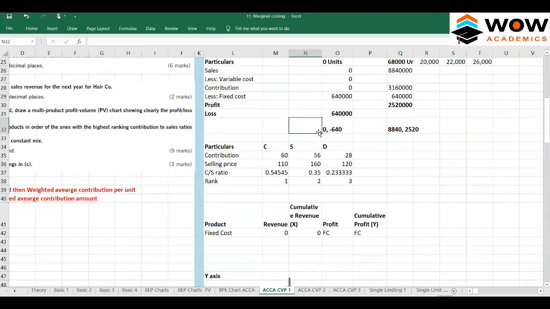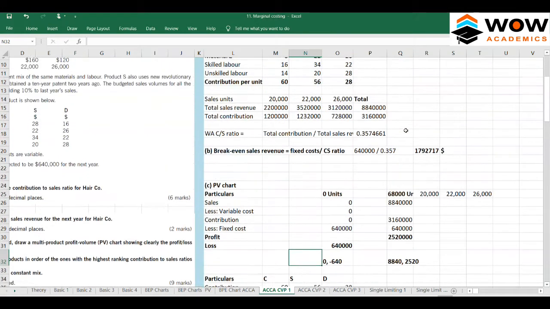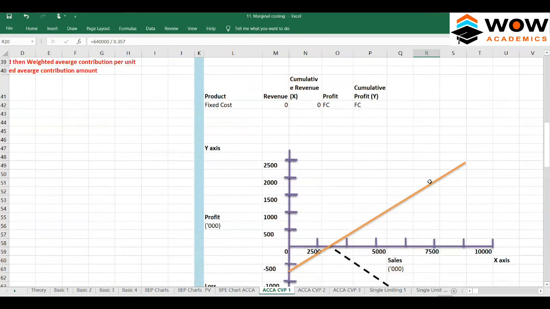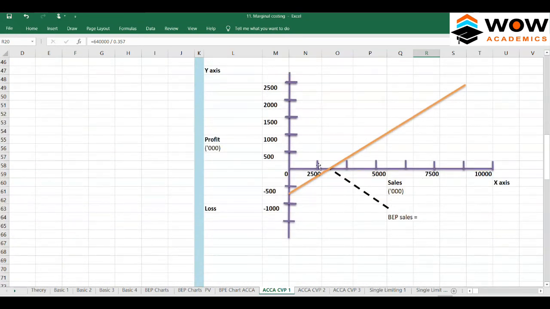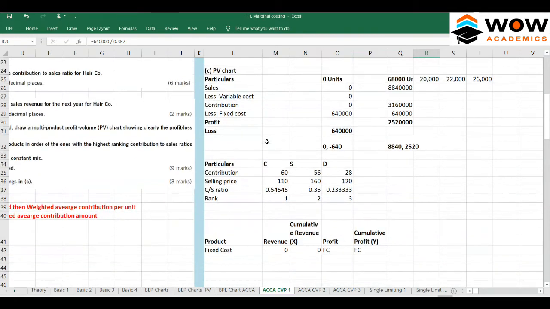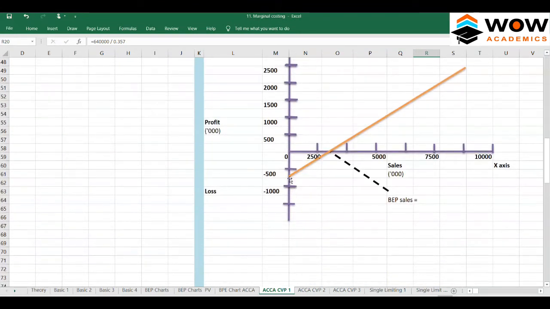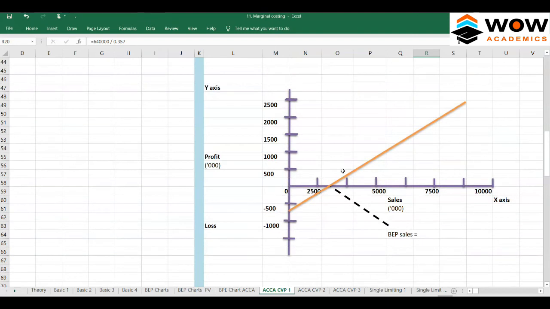Break-even sales value was, we have already worked it out. See, break-even sales value is 1,800 if we don't take the zeros into account. We incur a loss of 640. 640 is correct. 2520 total profit.